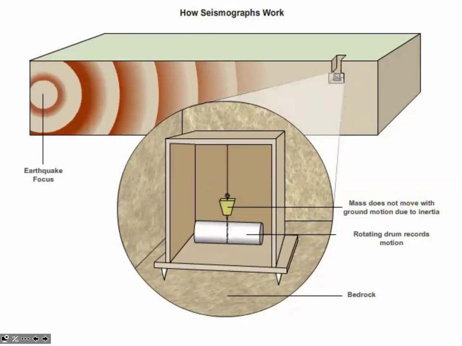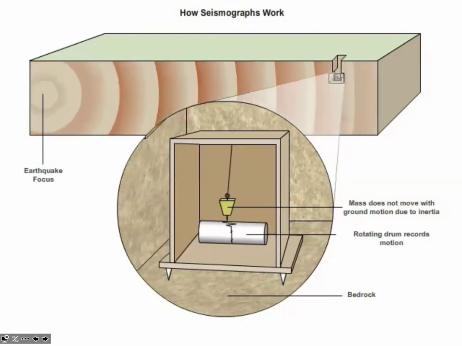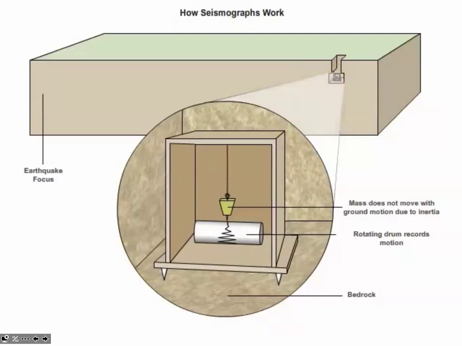The difference between these motions is recorded on the rotating seismograph drum. Notice also that it takes some time for the first earthquake waves to arrive at the seismograph station. If the focus of an earthquake is a great distance away, it may take several minutes for the first earthquake waves to arrive.